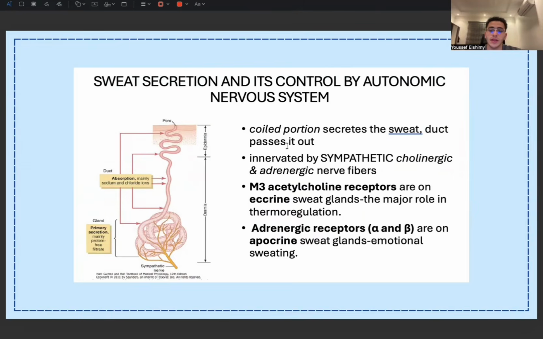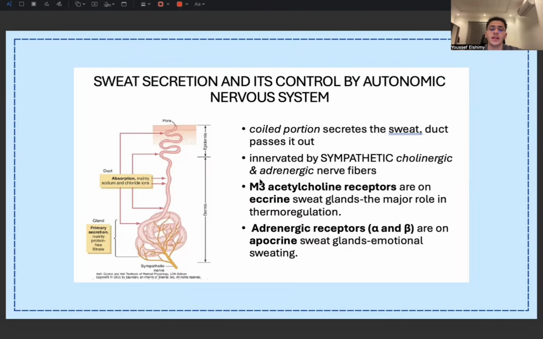One thing to notice is that the sweat glands are innervated by the sympathetic nervous system, and it could be cholinergic as well as adrenergic. But what we want to focus on is that the sweat glands that are responsible for thermoregulation are innervated by the cholinergic fibers, especially the M3 acetylcholine receptors, and they are the eccrine sweat glands.